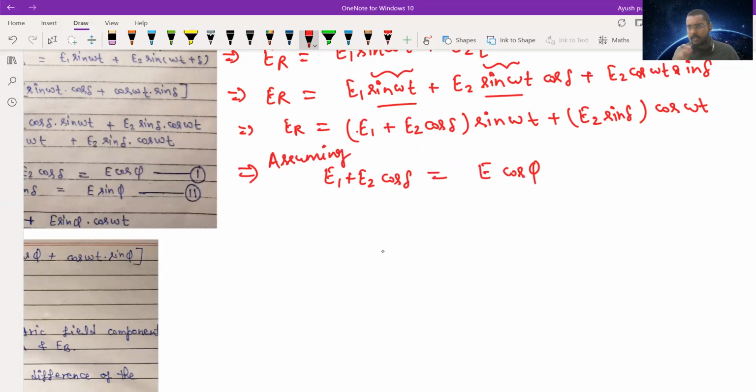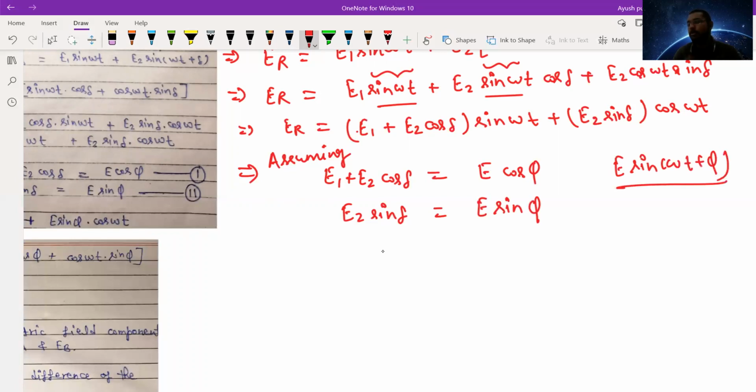I will tell you a little later why I am assuming this, along with E2 sin delta equal to E sin phi. I want to write the resultant wave equation in the form E sin omega t plus phi. That's why I am assuming E1 plus E2 cos delta is equal to E cos phi, and E2 sin delta is equal to E sin phi.